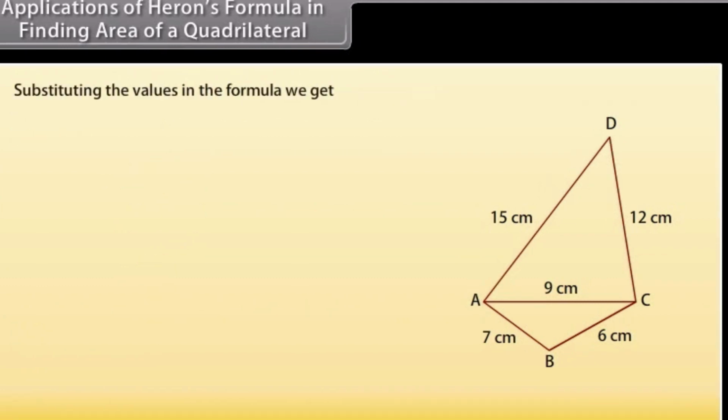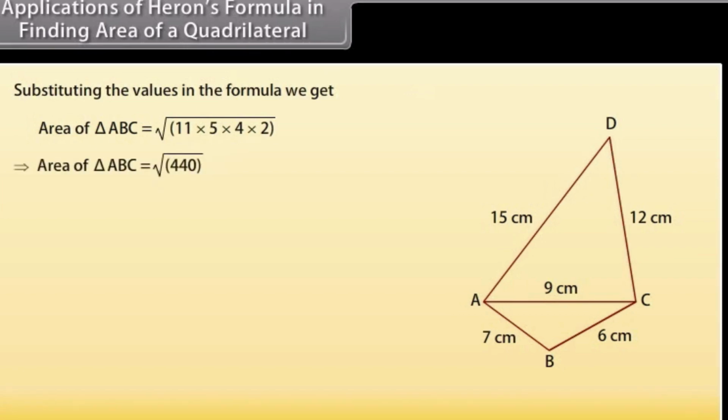By substituting the values, we get area of triangle ABC is equal to square root of 11 into 5 into 4 into 2, which implies area of triangle ABC is equal to square root of 440, which is 20.98 centimeters square.